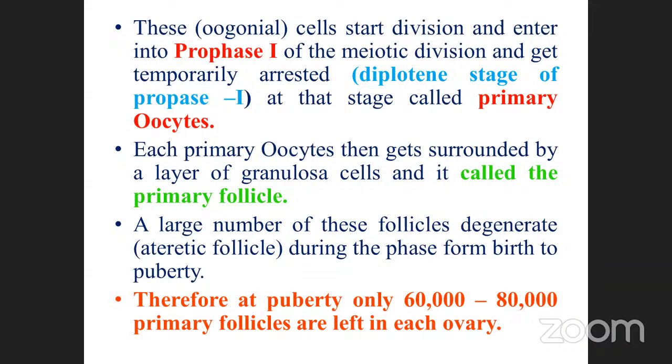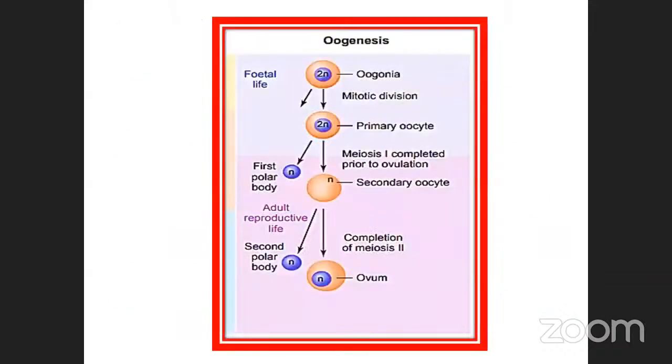That cell is called the primary oocyte. The primary oocyte is surrounded by granulosa cells, and that is called the primary follicle. It is also called the atretic follicle when degenerated during the period from birth to puberty. Only 60,000 to 80,000 remain at puberty. So note this down.